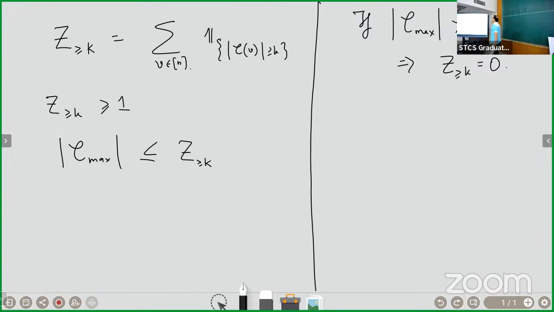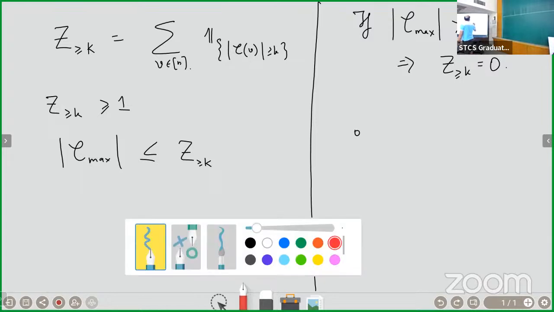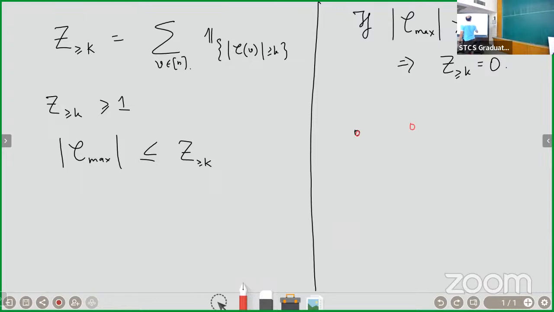So listen, you want to draw a graph. This guy has this. So these guys belong to that. Now, what does c max have to do with this?